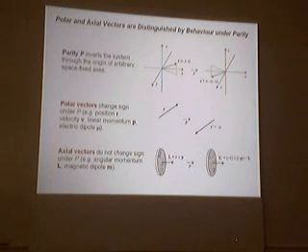Under parity, they both change sign. R and P are both polar vectors, so they both change sign, but that means the axial angular momentum vector doesn't change sign, and that's because parity hasn't changed the sense of rotation. The sense of rotation is not changed under parity.